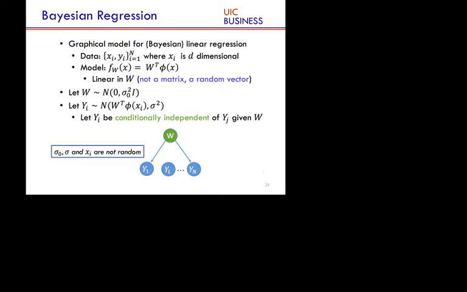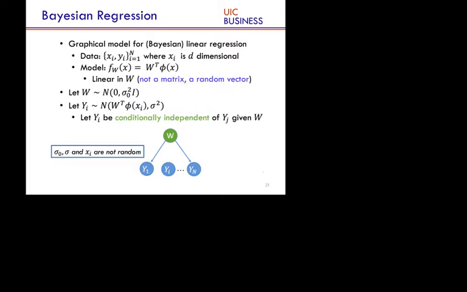The particular generative process, or graphical model, that I'm going to define here is that w is normally distributed with mean that can be 0 or something else. If it's 0, then it's a very bad model.